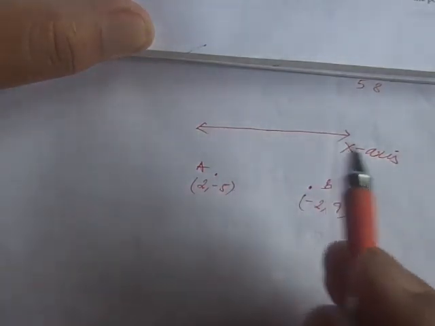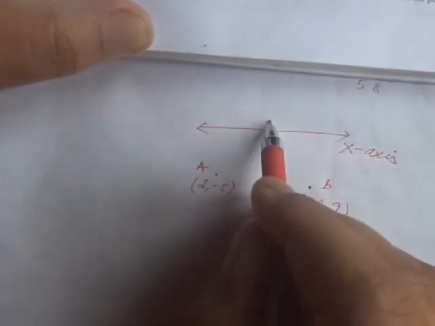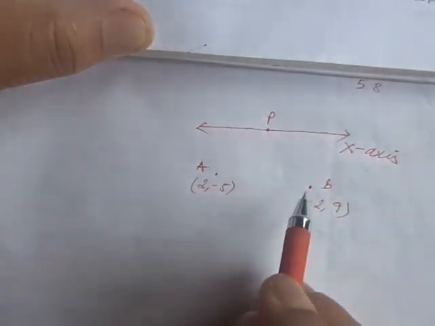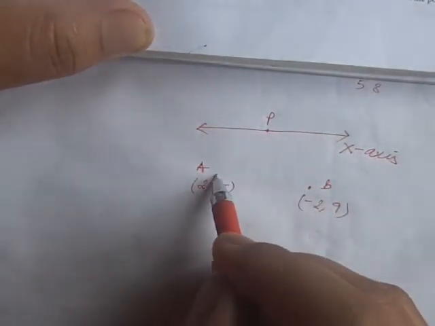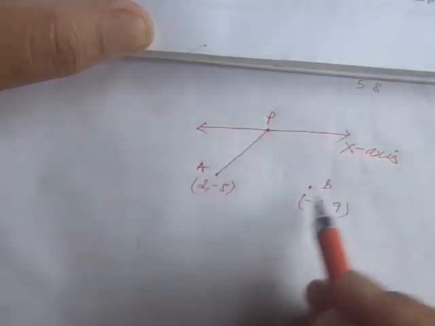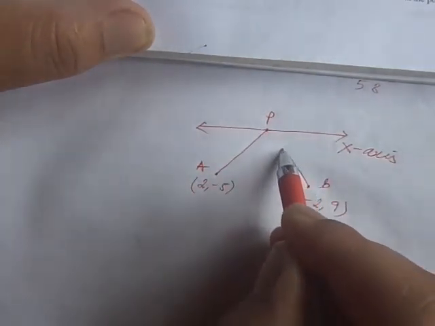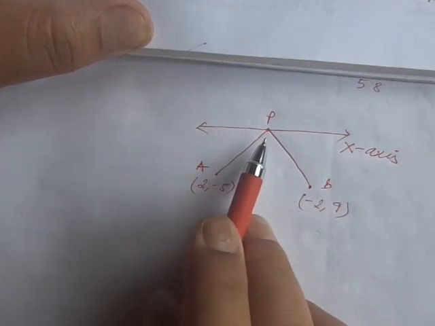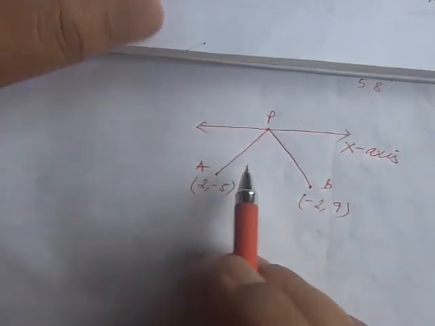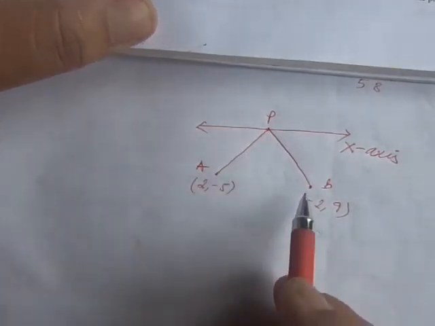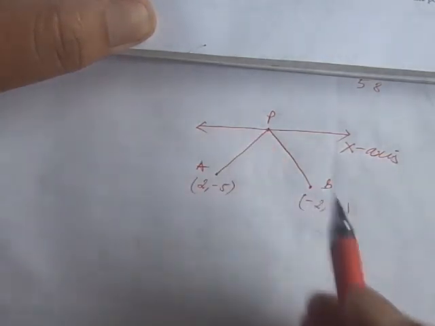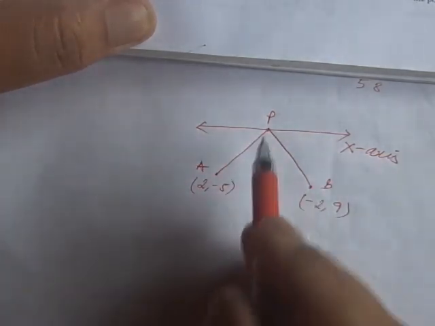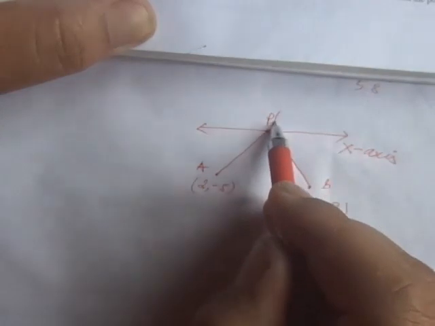So let's say a point here, just take P, okay? P is equidistant from A and B, which means AP is equal to BP. Equidistance means same distance. We have to find the coordinates of this point.